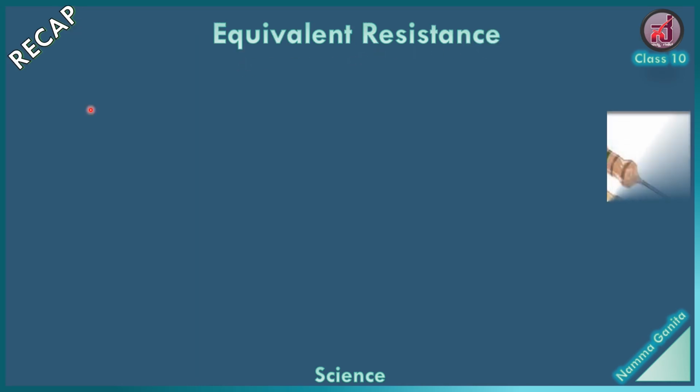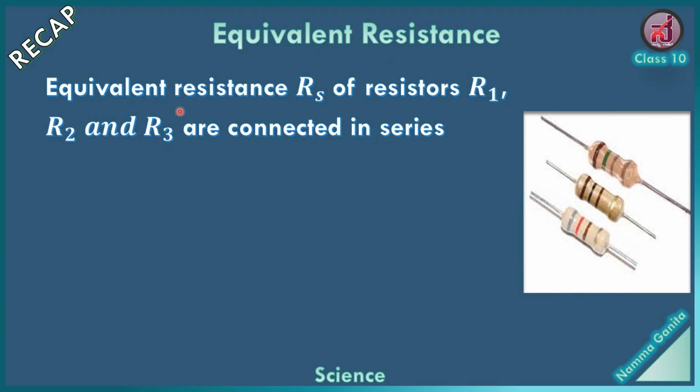Equivalent resistance. If resistors R1, R2 and R3 are connected in series, then total resistance or equivalent resistance Rs is equal to R1 plus R2 plus R3.